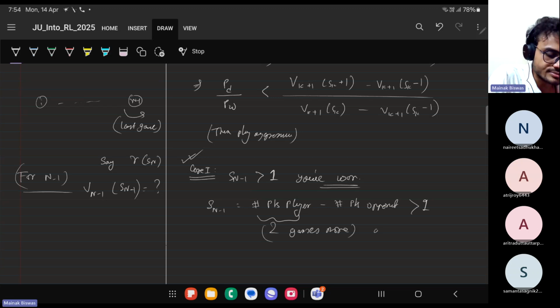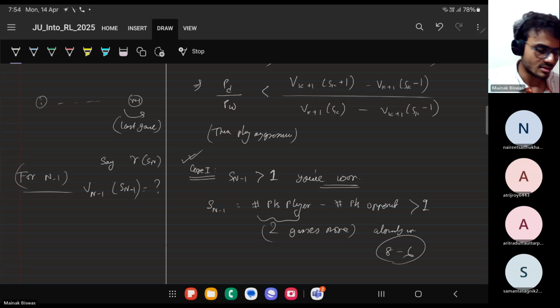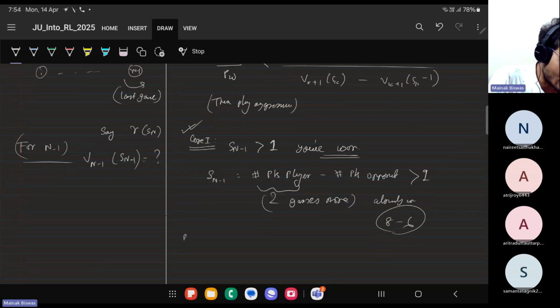So in a game of 15, he's already leading, say, 8-6. If the person is leading 8-6, he or she has won, right? Similarly, in case 2, if S_{n-1} is less than -1, the player has already lost.